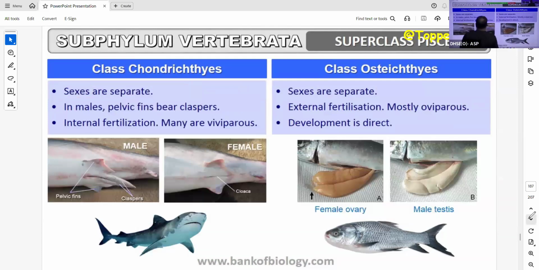Now, this is another very important difference. Just look at it. In case of the Chondrichthyes or the cartilaginous fishes, they have male and female as two different organisms. That is, they show sexual dimorphism.